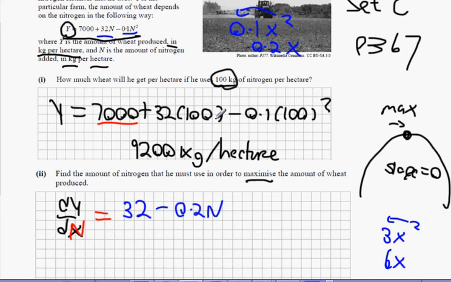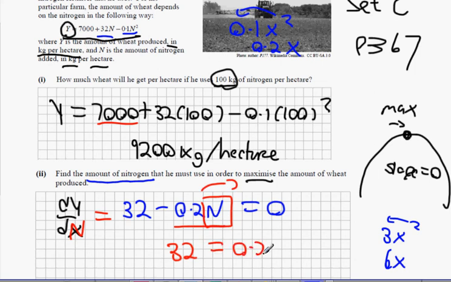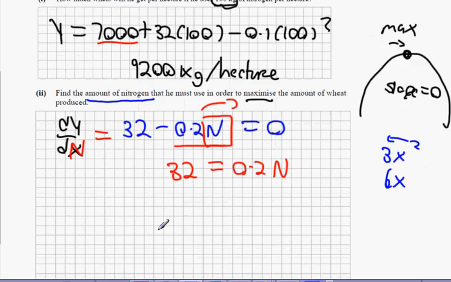Okay? Next thing, guys. We know that this is the equation for the slope, and what we said is for a turning point, the slope has to be 0. The question's asking us, what amount of nitrogen do we need? Which letter is nitrogen? N. We need to get N on its own. 32 equals 0.2 N. Then divide it by 0.2.